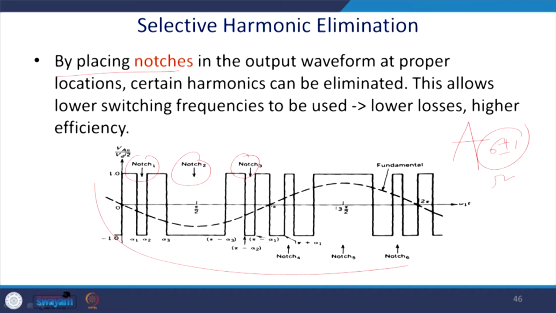In the same way, a particular harmonic will be eliminated from the system, and thus you generate a particular tune. Same way, you can eliminate your unwanted harmonic here. In the output waveform, at the proper location, certain harmonics can be eliminated.